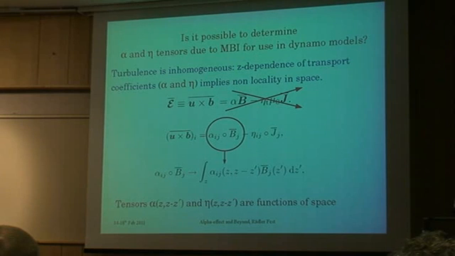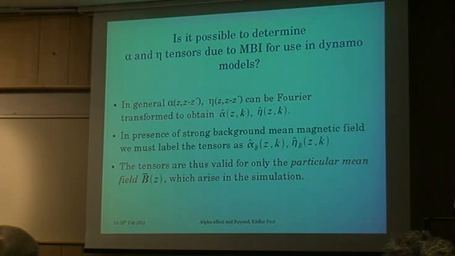and of course they are functions of time. So in general, we can represent these alpha and eta by Fourier transforming them into these hatted quantities here, Fourier transforming them in terms of one of the spatial coordinates. But there is again another complication, that the inhomogeneous turbulence that we have is valid only for the mean strong field that we put in initially in the system, which means that we really need to have these tags B bar on these hatted quantities here.